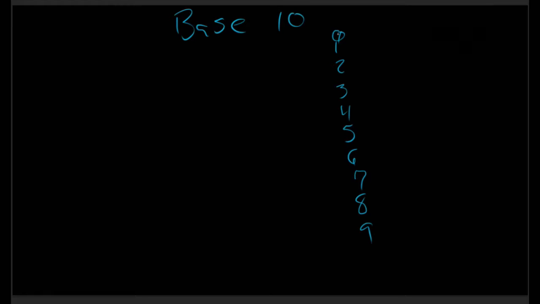So when we're counting, we say 0, 1, 2, 3, 4, 5, 6, 7, 8, 9. Since we can only count to 10, we need to have another row here. You probably learned in school that these are columns.